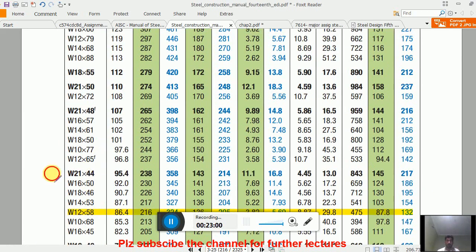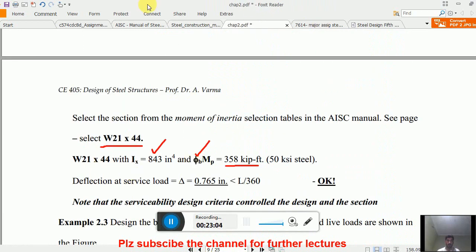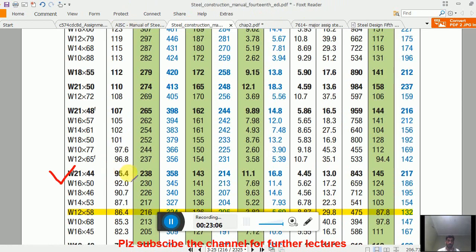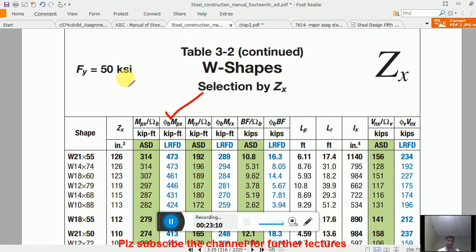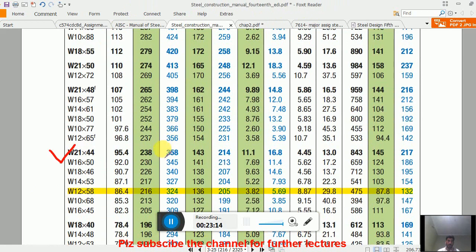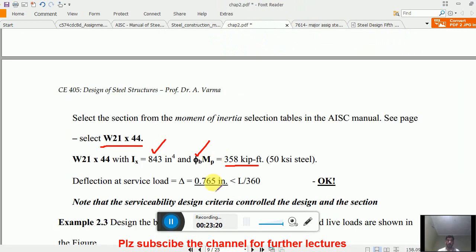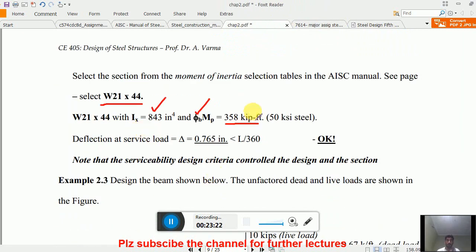Let me check. Yes, 44. So you see the capacity of such a section will be this one. Remember, make sure you are at the right table, and here you see 358.